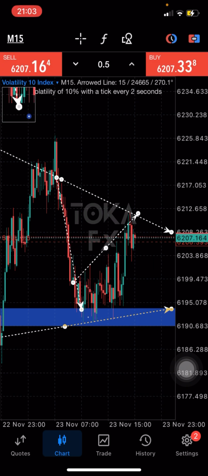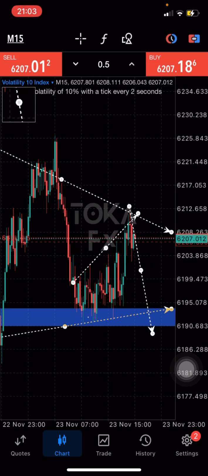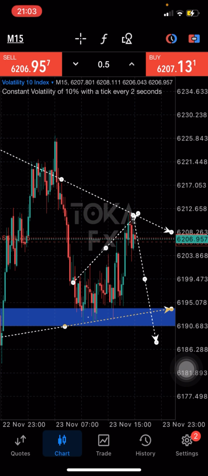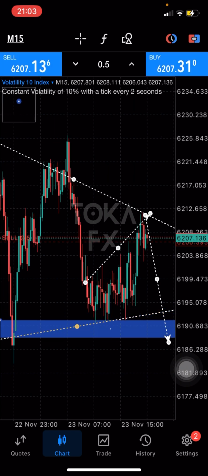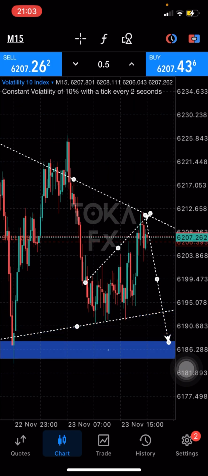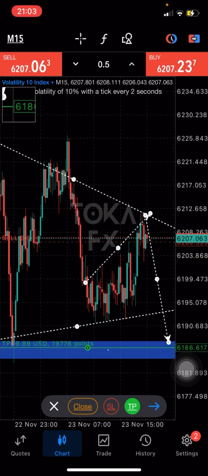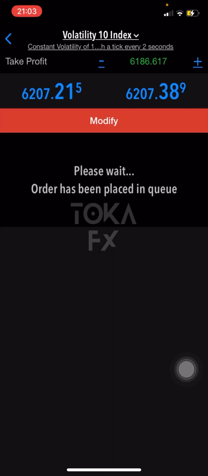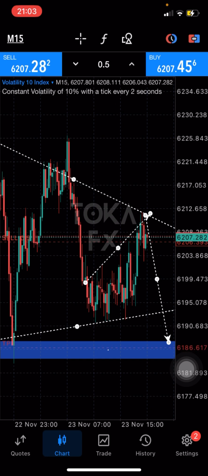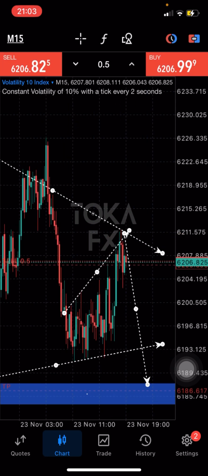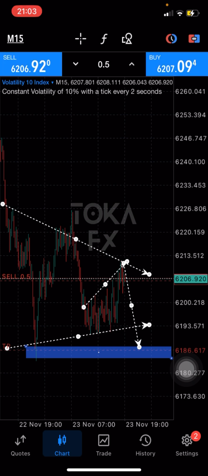I'm just going to change this and then create another TP level because we have a very strong level of support down there, which the market has to complete that first leg, also coming back to this level as well. So yeah, this is a clear setup.